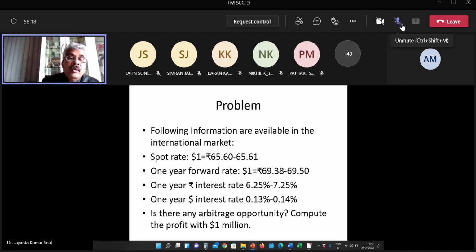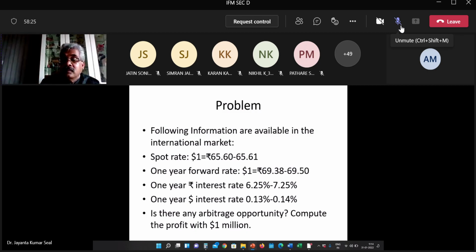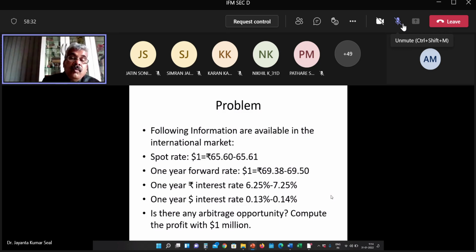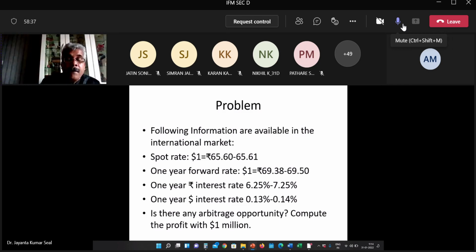If you convert $1 million into INR, how much INR will you have? What is the rate? 65.61. Okay, what does this rate signify?